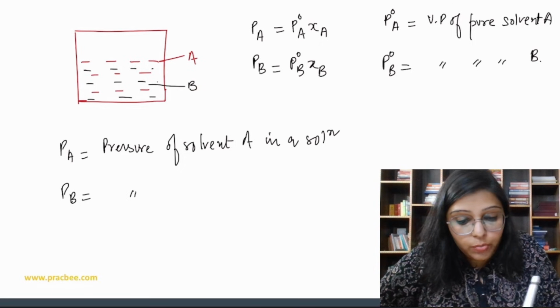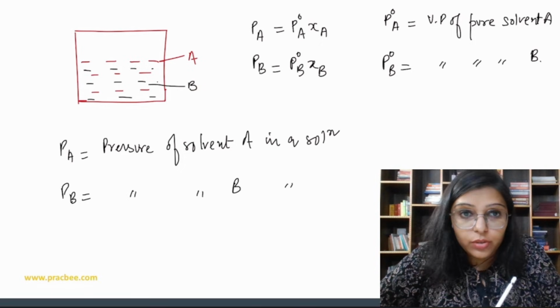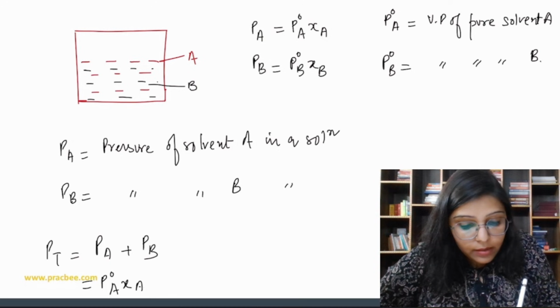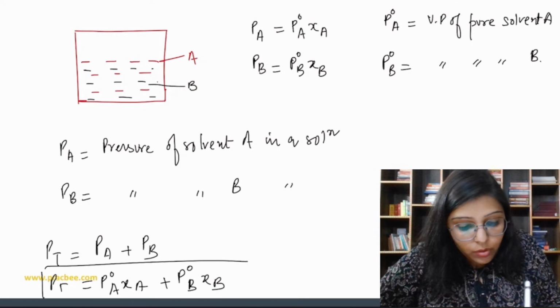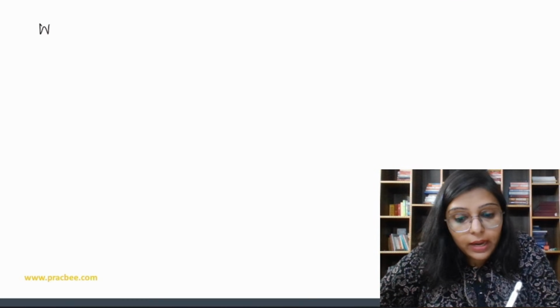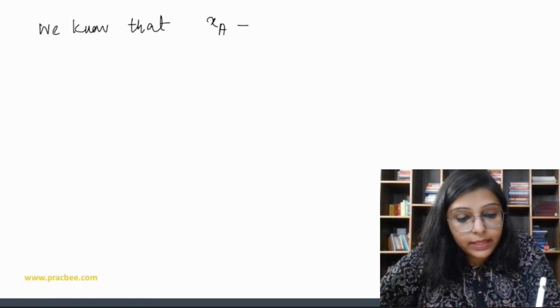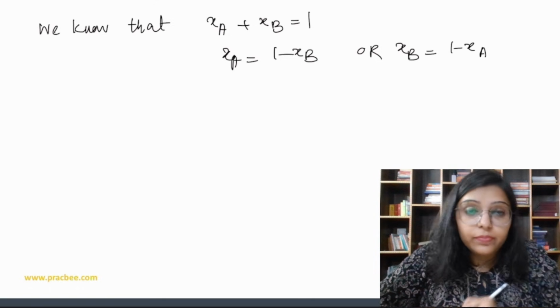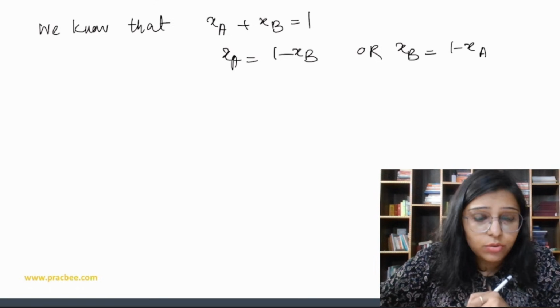PB is equal to pressure of solvent B in a solution. Now PT is equal to total PA plus PB, or P naught A XA plus P naught B XB. We also know that XA plus XB is equal to 1. So XA is equal to 1 minus XB, or XB is equal to 1 minus XA. Okay? So that is Raoult's law.